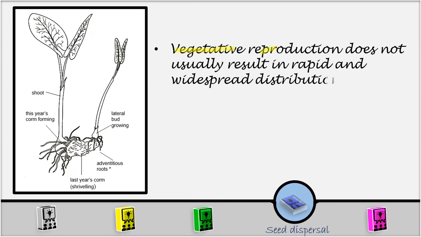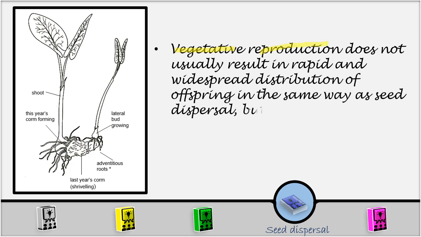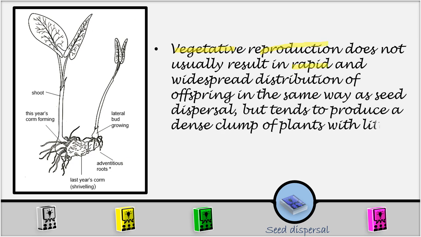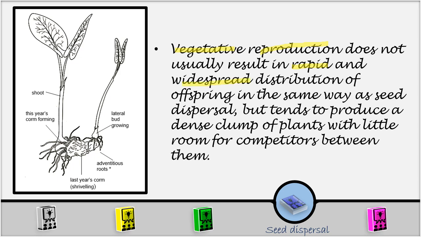Vegetative reproduction does not usually result in rapid and widespread distribution of offspring in the same way as seed dispersal, but they tend to produce a dense clump of plants with little room for competitors between them.